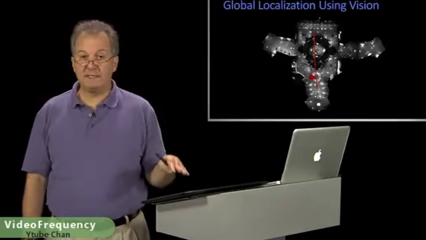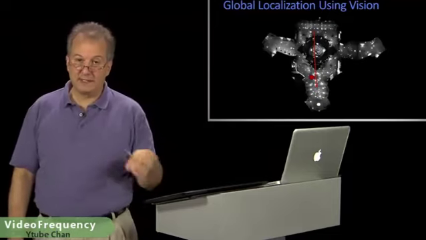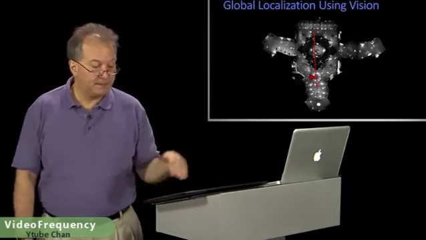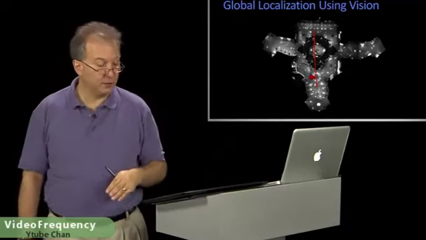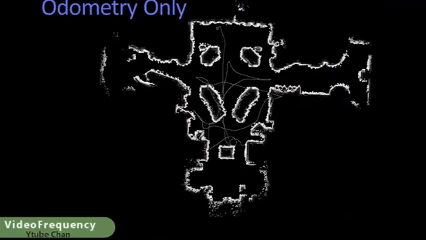If we plot on this map where the robot thinks it went based upon its wheels turning, we see something that looks like this. Okay? And the reason we know that that's wrong is that these are areas that it can't actually go through. And you see it gets sort of right, but then it sort of gets a little confused, and it's going through parts that it can't actually go through.